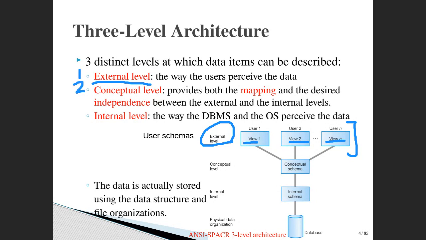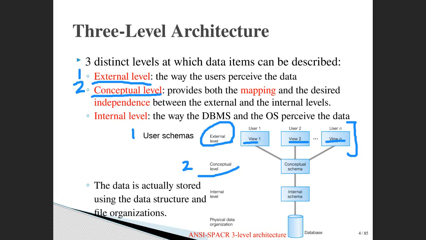Okay, what comes next? The conceptual level. I'm just giving you some simple information about them. Then we are going to discuss them and go deeply into their definitions. The conceptual level, which is number 2, so this is number 1. The conceptual level is the community level, or we can say the data is stored logically.